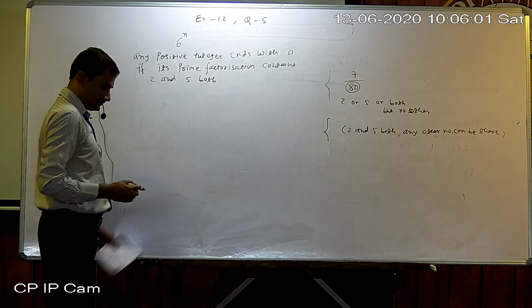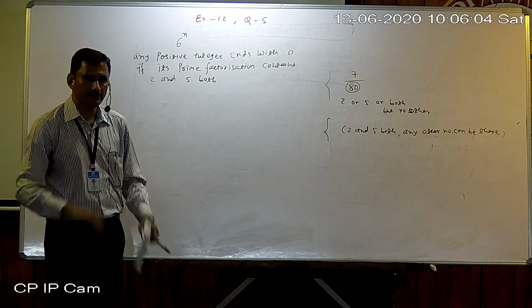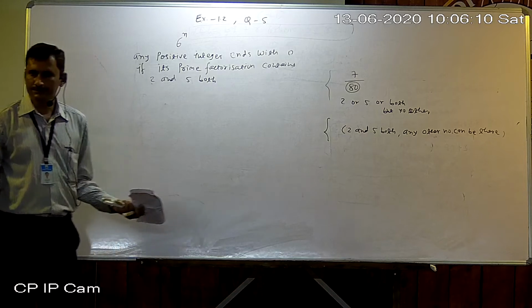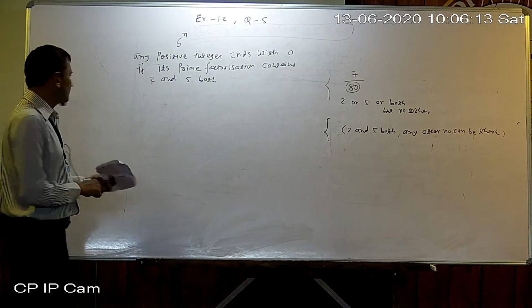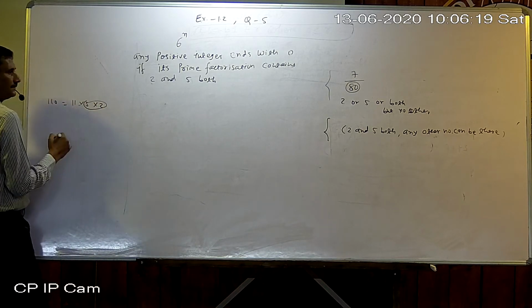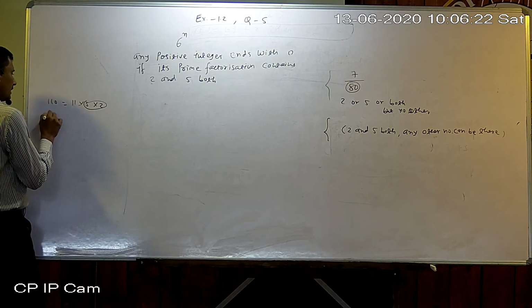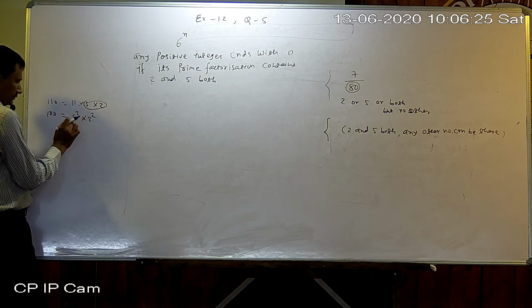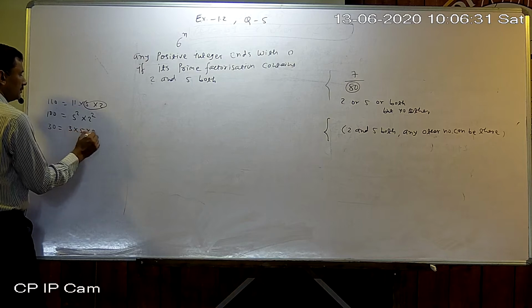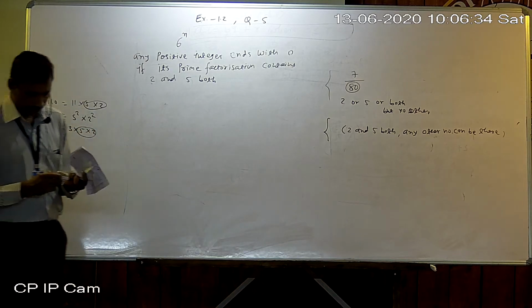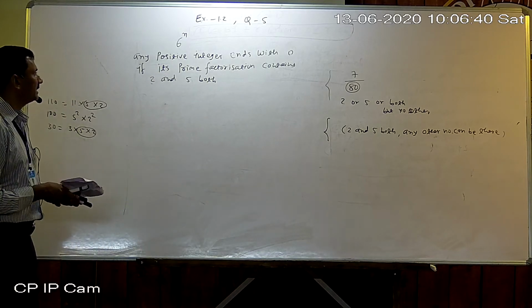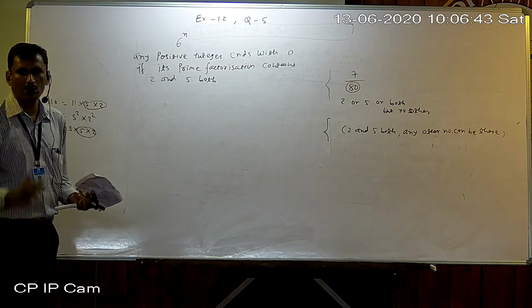So this is the condition. Suppose you take 100, then 100 is 2 raised to 2 into 5 raised to 2. 1000, 110, all numbers have both. Suppose 110: 11 into 5 into 2, so both are there. Now 100: 5 raised to 2, 2 raised to 2, 5 and 2 both factors. Now take 30: 3 into 5 into 2, both are there. Means 5 and 2 should be there. So that is the rule. Any positive integer ends with 0 if its prime factorization contains 2 and 5 both, not any one.